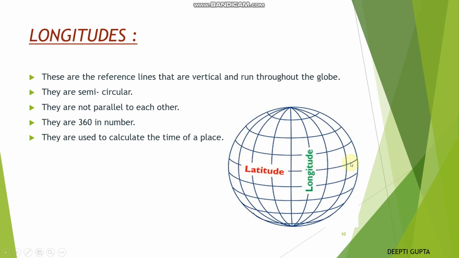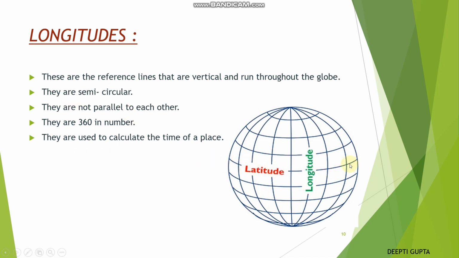Longitudes are long lines. They are the vertical lines and run throughout the globe. They are semicircular. With these things you will be able to understand the difference between latitude and longitude.